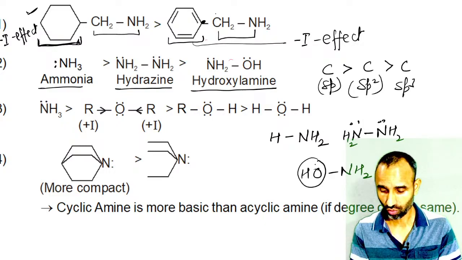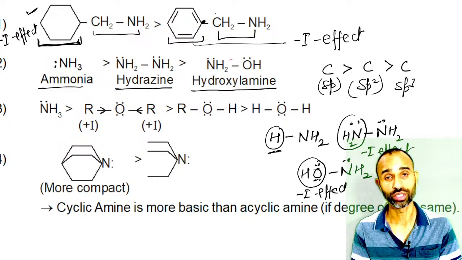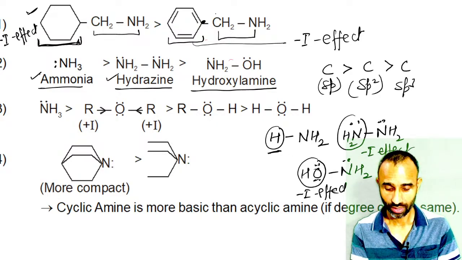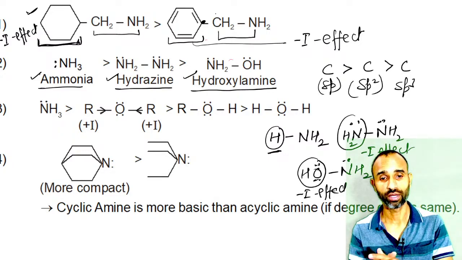So this OH group has this minus I effect. Again NH2 has minus I effect as compared to hydrogen. We compare it with hydrogen. That's why ammonia is most basic, then it is hydrazine, and last is hydroxylamine.